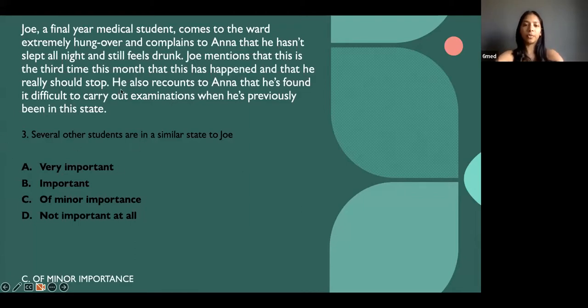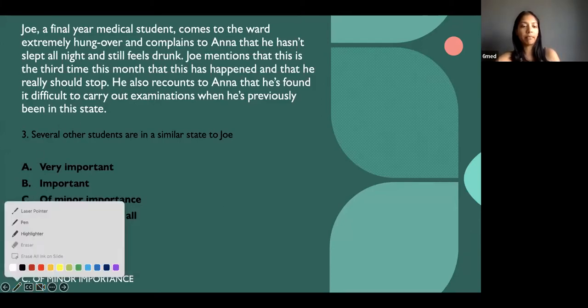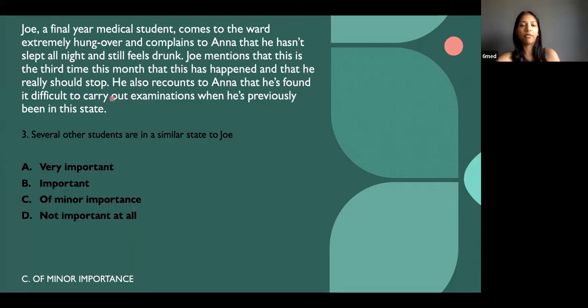With situational judgment questions, the clinical STEM, which is basically this paragraph here, is specifically focusing on Joe. So the general rule is if they're talking about Joe, then for Anna to consider the importance of different factors, she's only considering Joe.